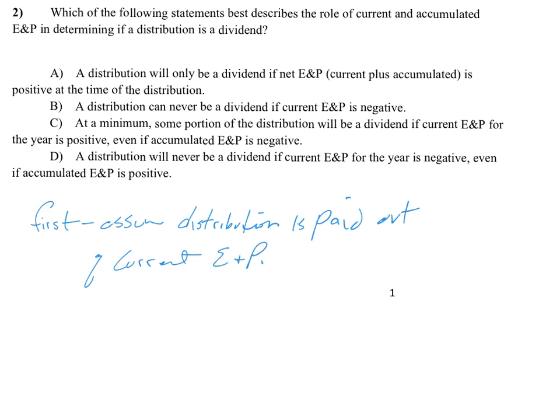All right. So what does that mean? That means at a minimum, some portion of a distribution will be treated like a dividend if current earnings and profits are positive. Okay. So that's number 2.